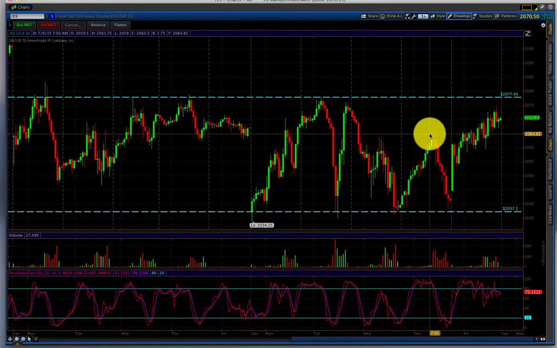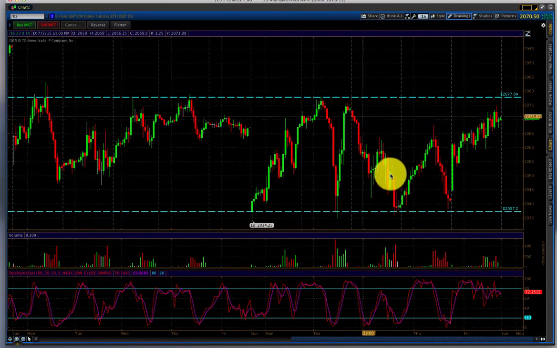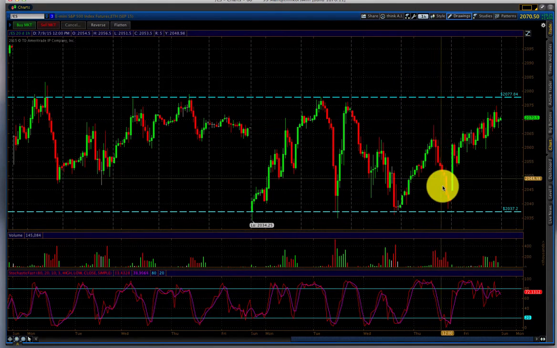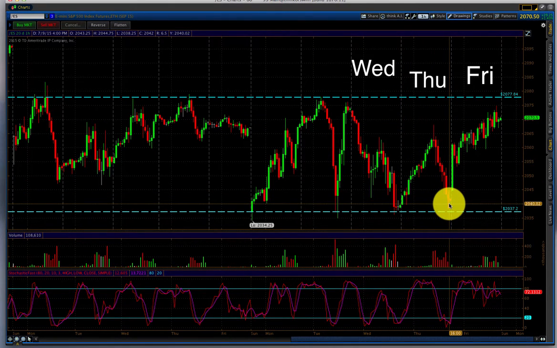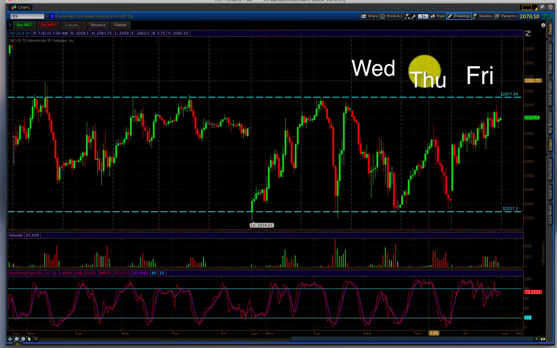Here's that Thursday. So Wednesday we have the big gap down. Thursday we get this big recovery, and then it spends the rest of the day giving it all back. And then Friday, a little positive news out of Greece, and we're off to the races.